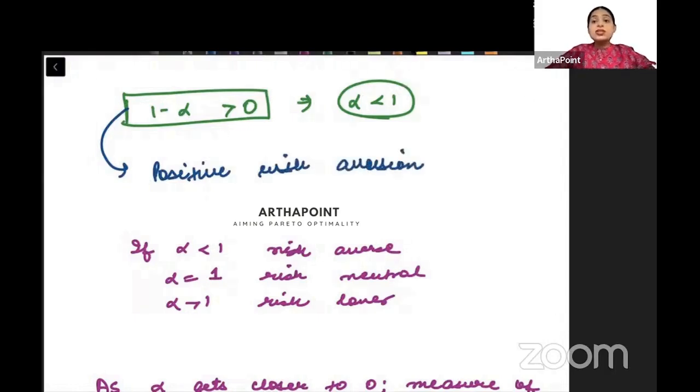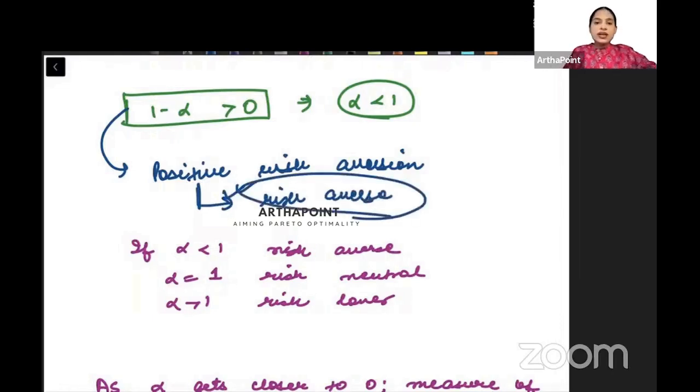Positive risk aversion means I am positively against risk. I want to avoid risk, right? So positive risk aversion matlab the individual is risk averse. So in this case, when alpha is less than 1, it means the individual will be risk averse.